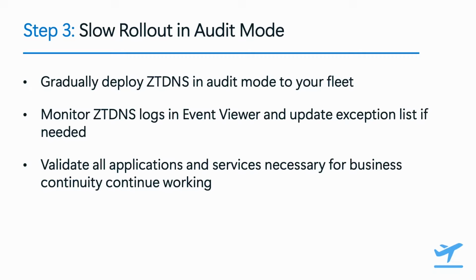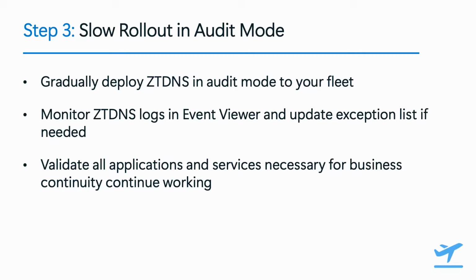Monitor ZTDNS logs in the Windows Event Viewer for connection attempts that would have been blocked in the enforcement mode, and start analyzing those logs to identify legitimate applications or services that will require manual IP exceptions. Continue updating your exceptions list based on what you find.